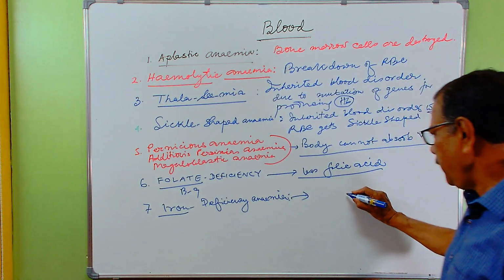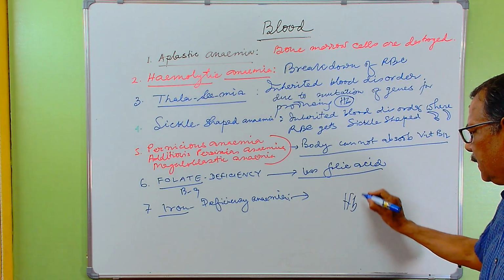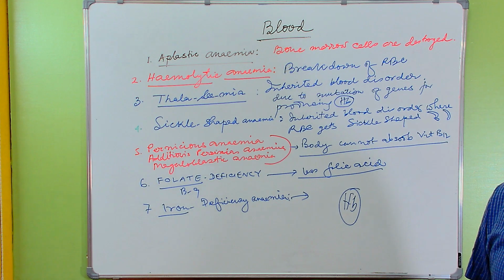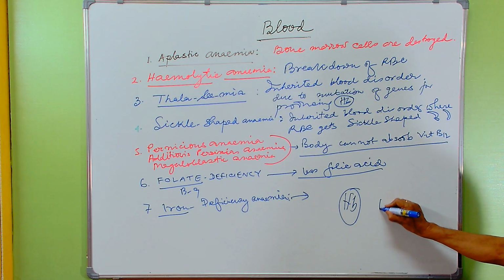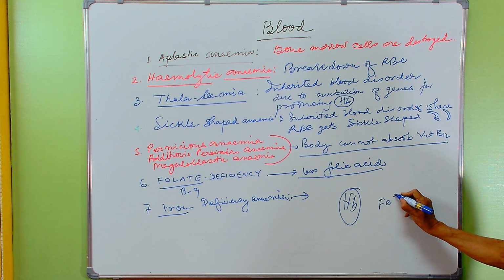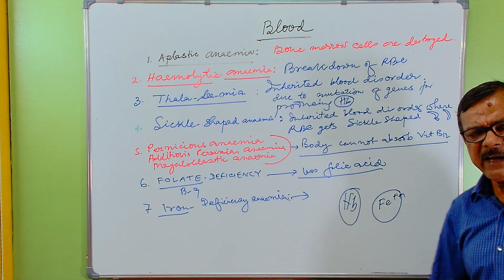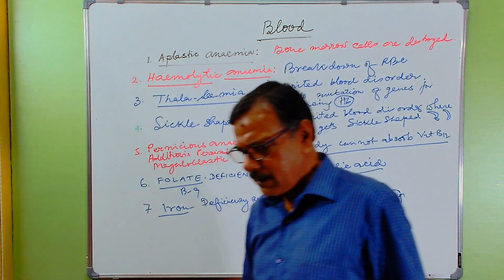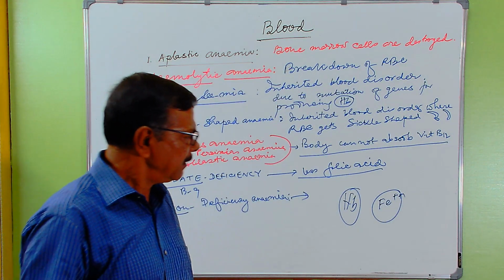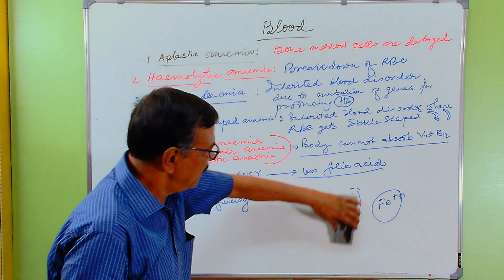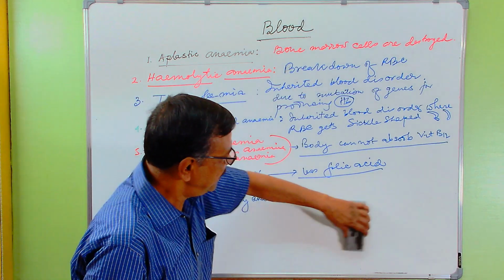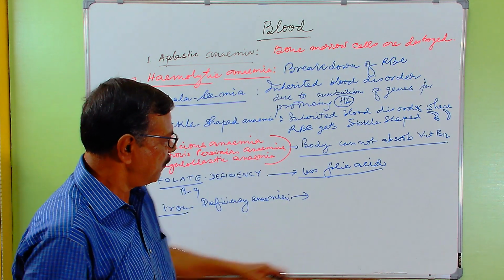In the hemoglobin structure you will find Fe. Within the hemoglobin there is iron. It is an iron-containing protein. The hemoglobin remains within the RBC.